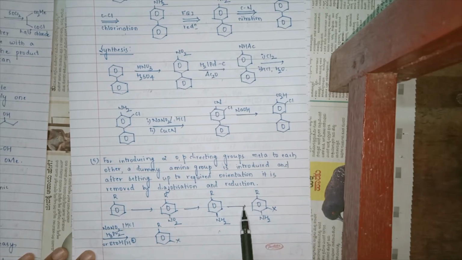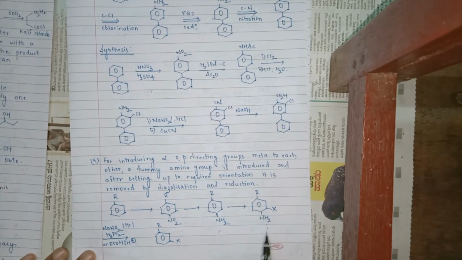Now, further if I want to add this X, this will be an electron donating system, and NH2 is also an electron donating system. They are both ortho-para directing, but because the para positions are already occupied, with respect to R we can easily introduce this X at the meta position. So with respect to this electron donating system, another electron donating system like X can be easily introduced.